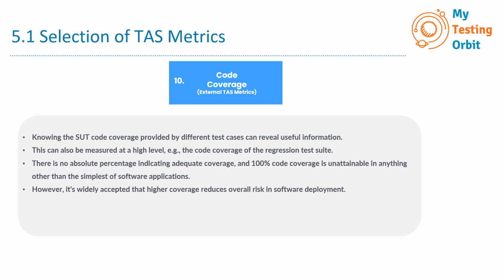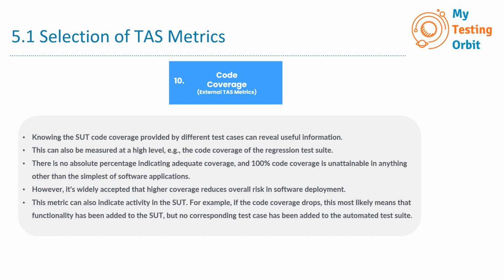However, it's widely accepted that higher coverage reduces overall risk in software deployment. While there is no perfect percentage, it's generally agreed that the more code you cover with tests, the safer your software deployment becomes. Higher coverage means fewer untested areas where bugs might hide.